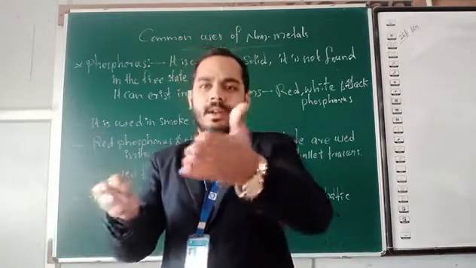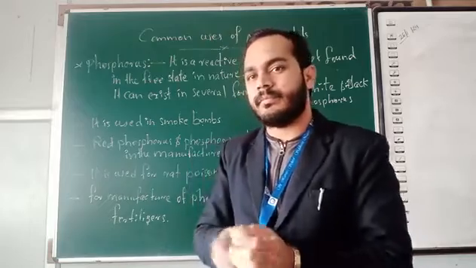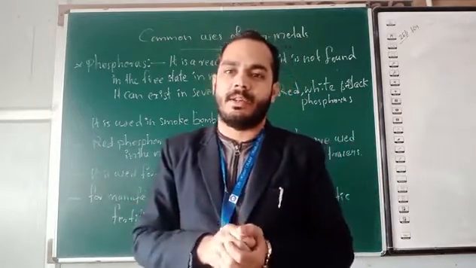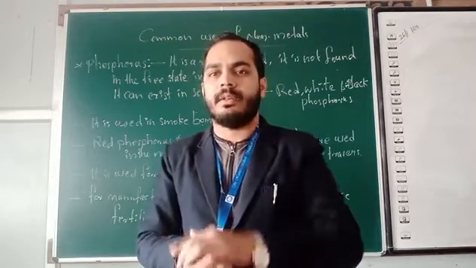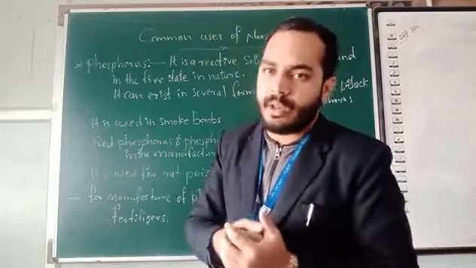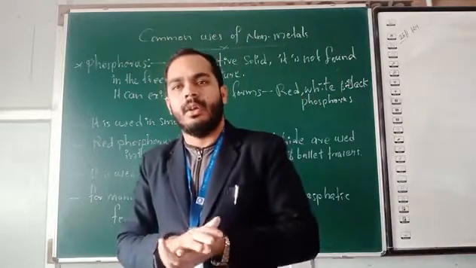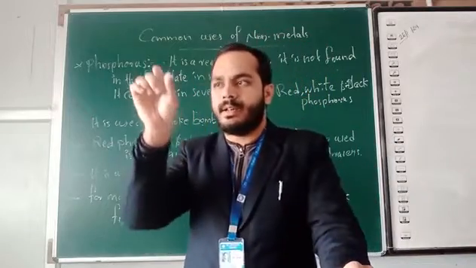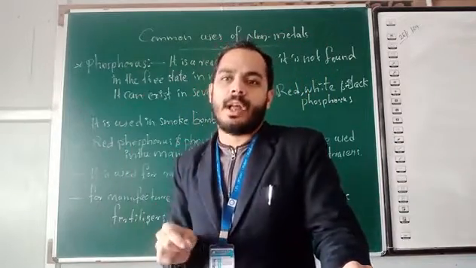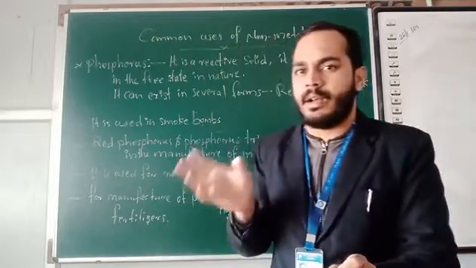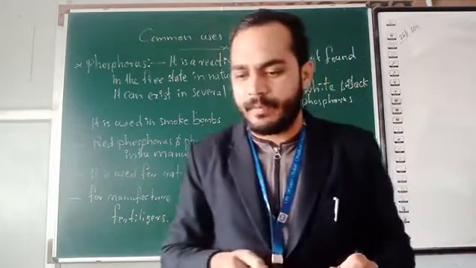I have already explained this in my previous class: non-metals are bad conductors of electricity and heat, except one, that is carbon. So that's why we use carbon in the electrolytic cell as an electrode. Carbon is a non-metal that is helpful to conduct heat and electricity.